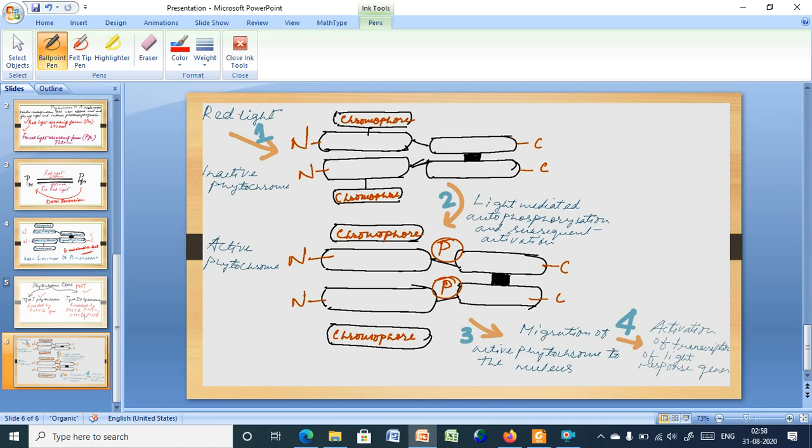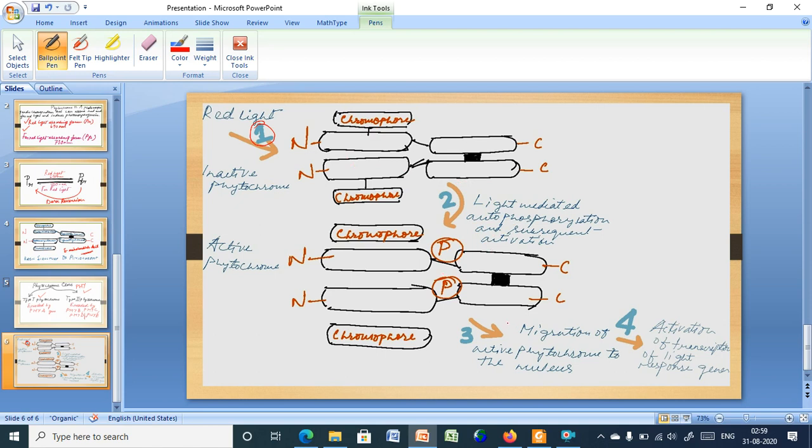So firstly, in step 1, on red light exposure, this is the inactive phytochrome. After red light exposure, it converts through light-mediated autophosphorylation and subsequent activation. Phosphate groups are attached, and it triggers the activation process.